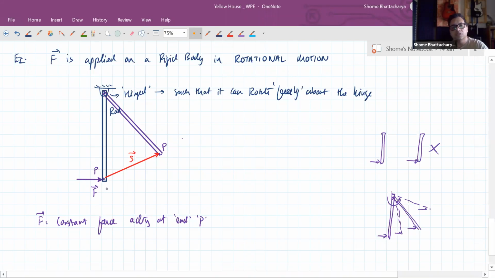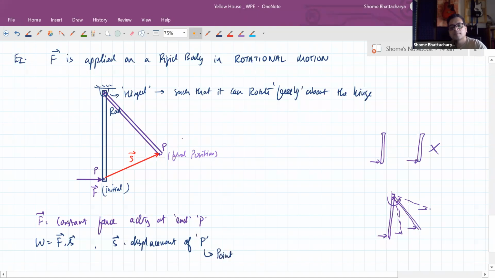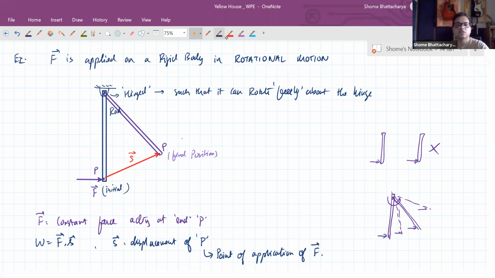So as the rod goes from the initial position to the final position here, we will have to calculate the work done by this force as F dot S, where S will be the displacement of P, which is the point of application of the force F. Okay, and mind you, that is not the same thing as the displacement of the center of mass.